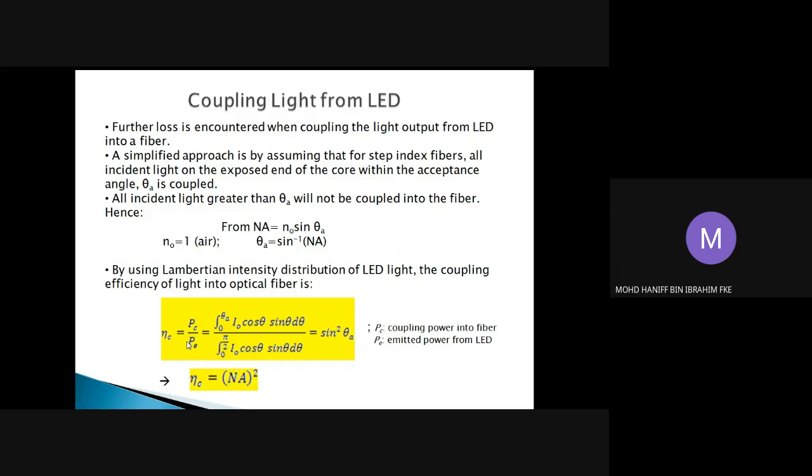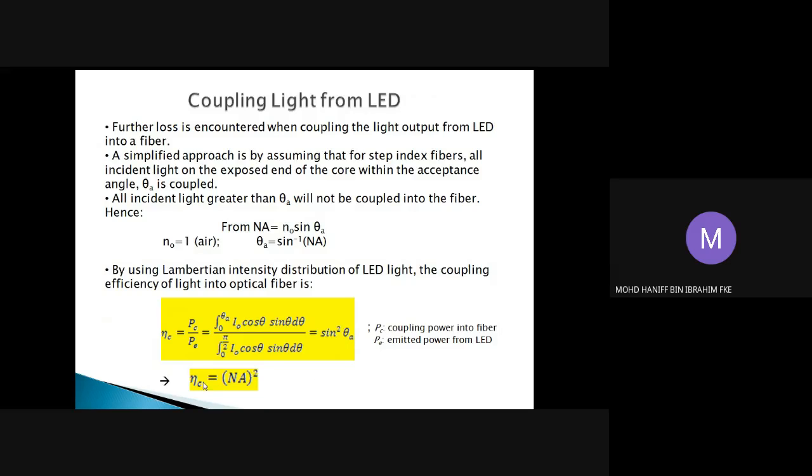We can use this equation, where the coupling power is the integration from 0 to theta A, only from 0 to the acceptance angle, whereas for emitted power, the integration is from 0 to pi over 2. When we proceed with the integration, we end up with the coupling efficiency equal to sine squared of theta A. And from what we have learned before, numerical aperture is sine theta A, so sine squared theta A is equal to numerical aperture squared.